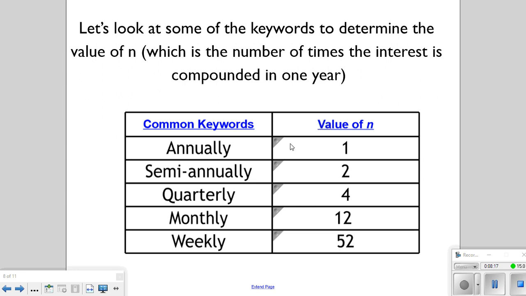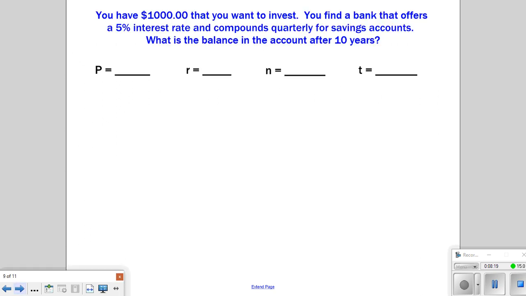So the next thing, we're going to go ahead and do a practice problem here. It says you have $1,000 that you want to invest. You find a bank that offers a 5% interest rate and compounds quarterly for savings accounts. What is the balance in the account after 10 years? So what we are trying to figure out is how much our bank account is worth. Originally, our principal is $1,000.